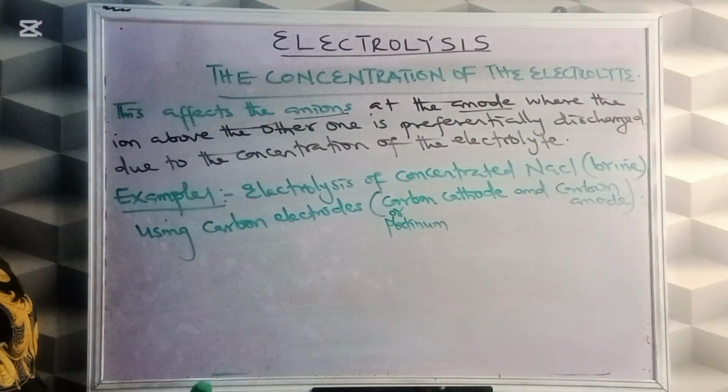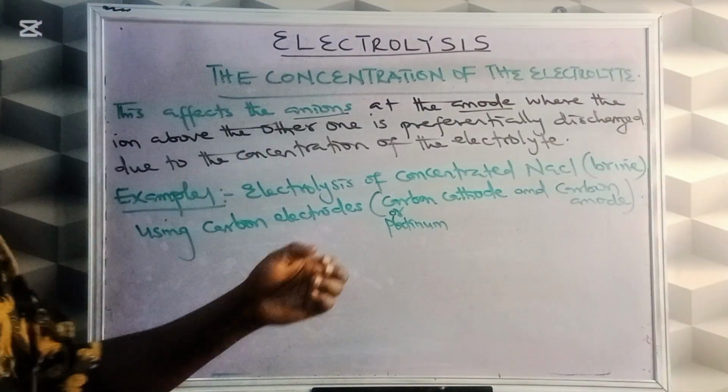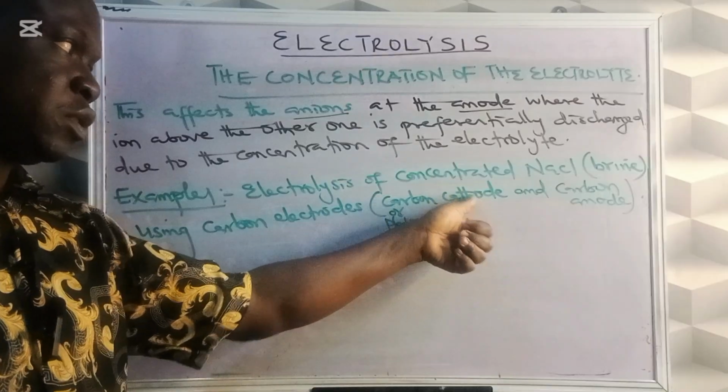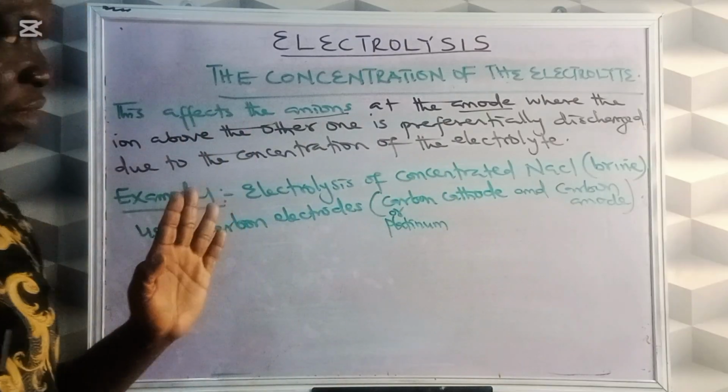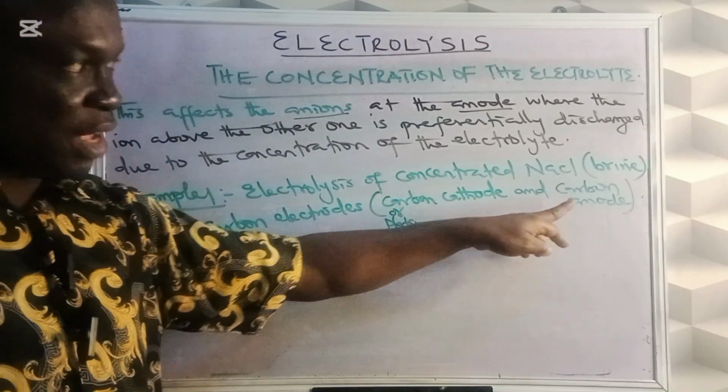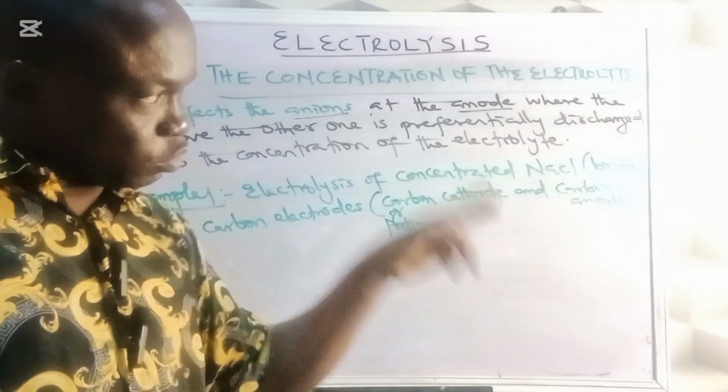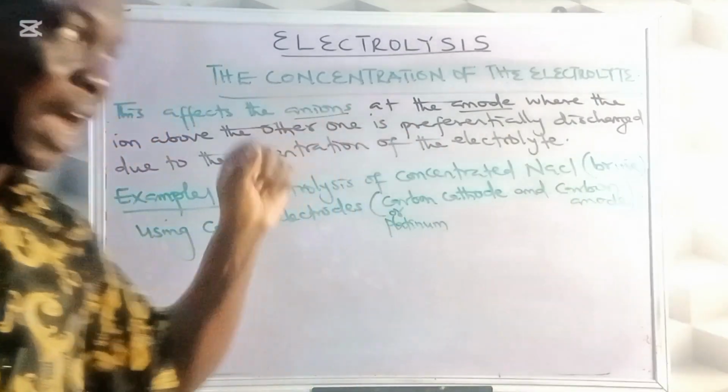So we don't want that to happen. So here you either use carbon cathode or platinum cathode, correct. Either of the two can be used. But as for anode, it must be carbon anode.